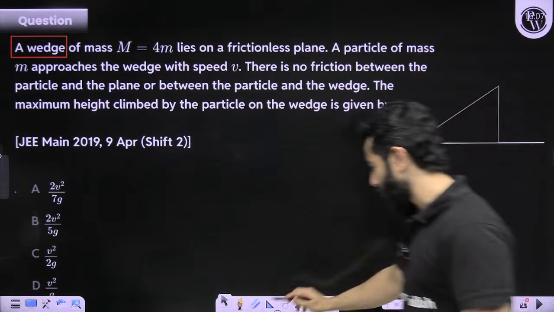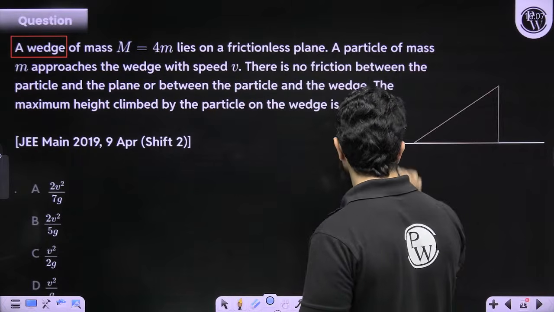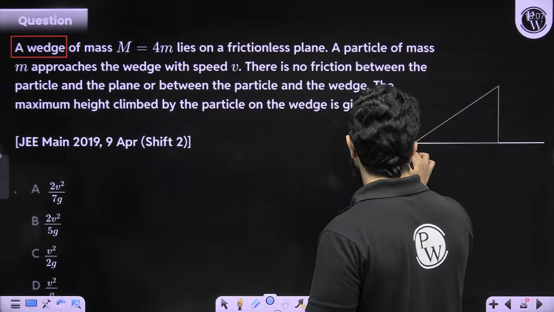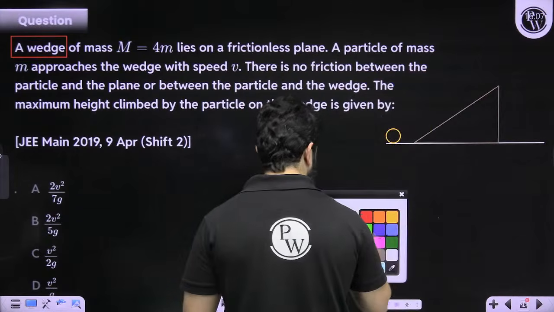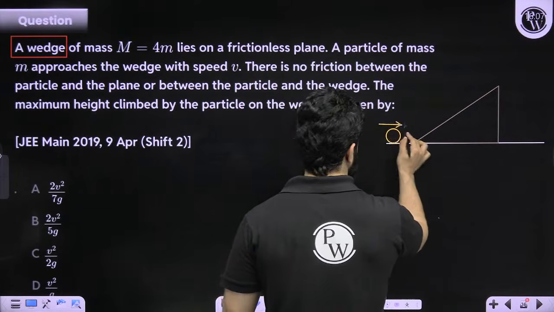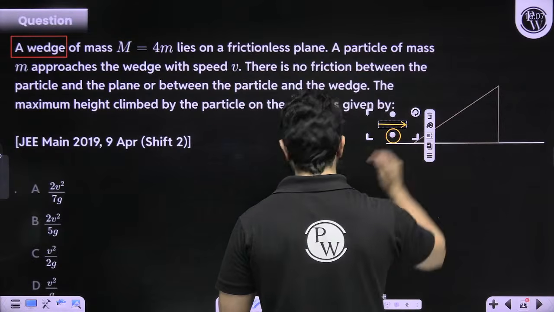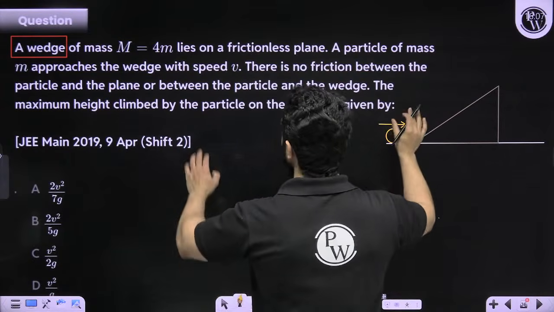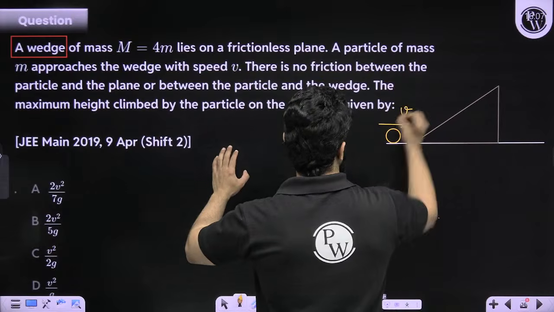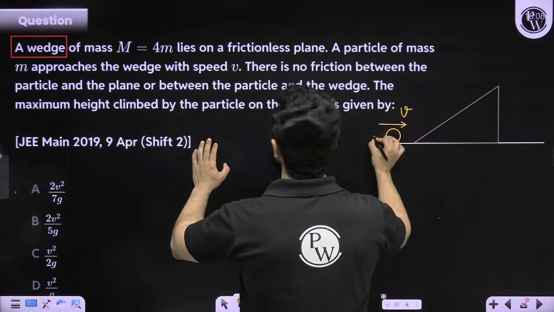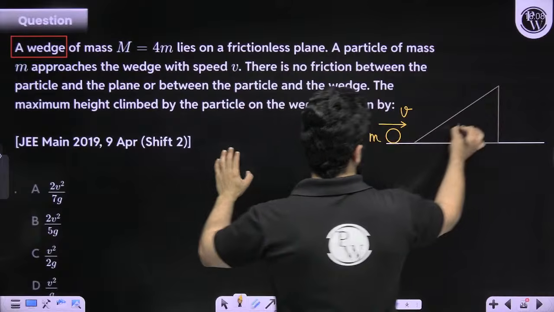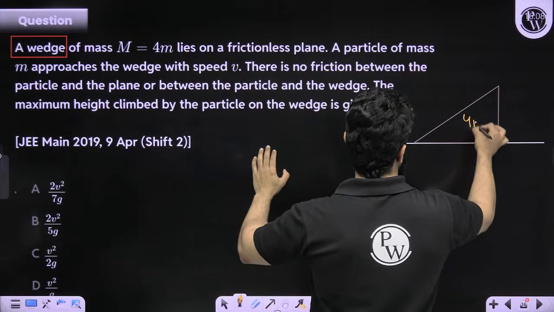Surfaces are frictionless, no doubt about it. But what's going to happen when this block strikes this wedge? This is moving with a speed of v and has mass m. The wedge has mass 4m.